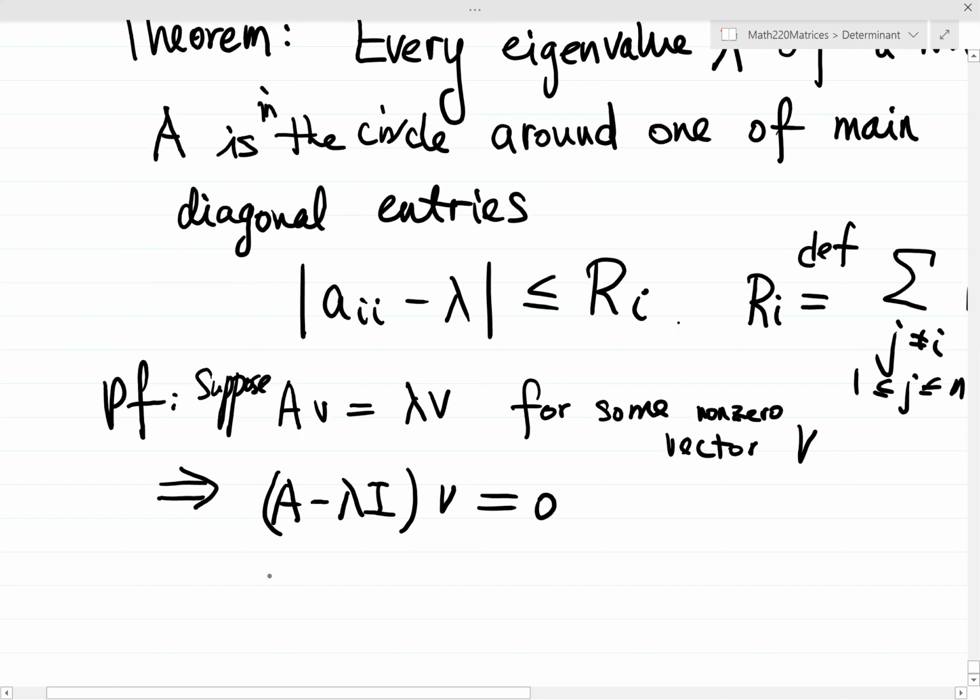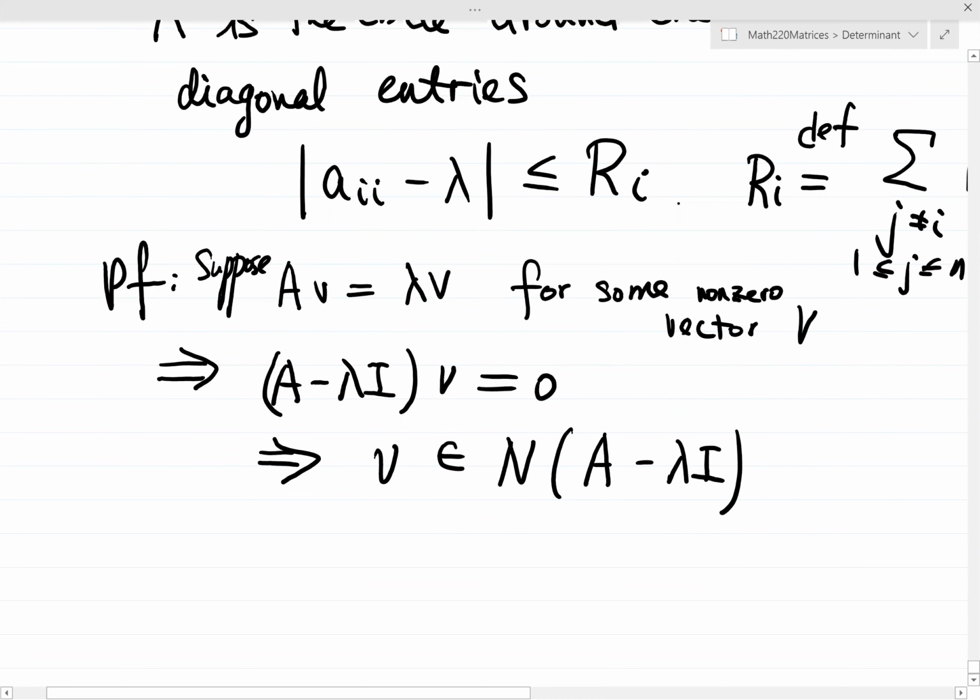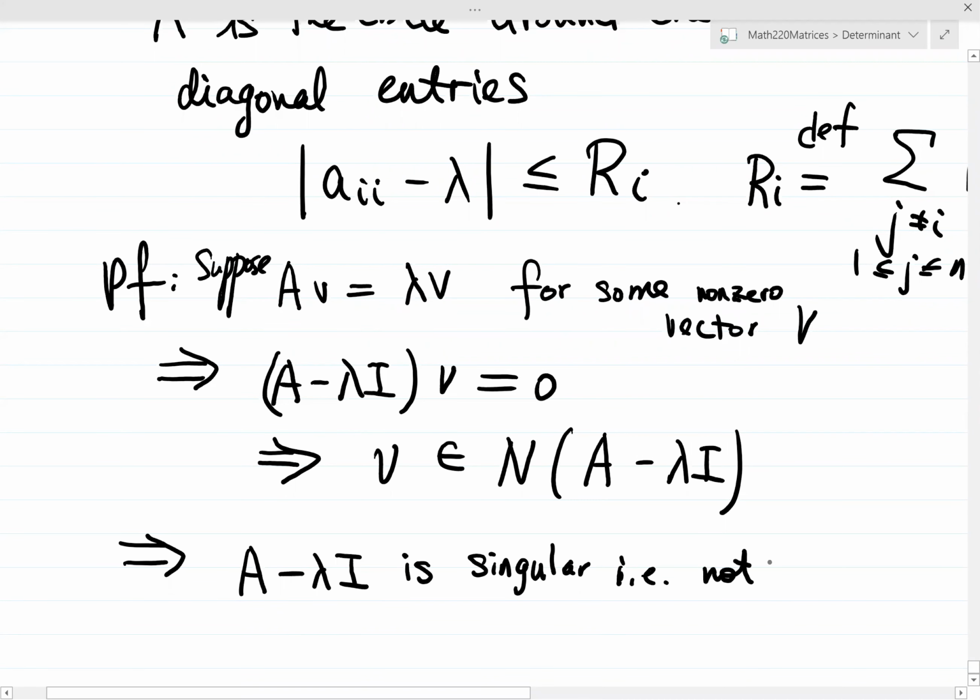So this tells us that v is in the null space of the matrix A minus lambda I. So this means A minus lambda I is singular, i.e. not invertible.